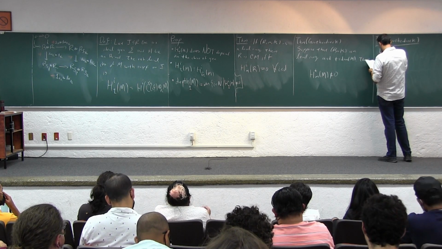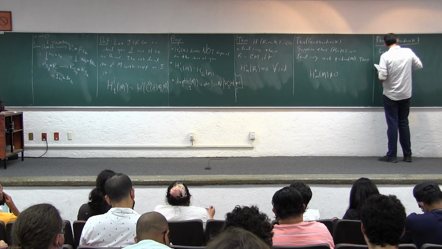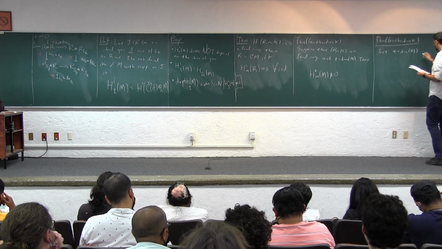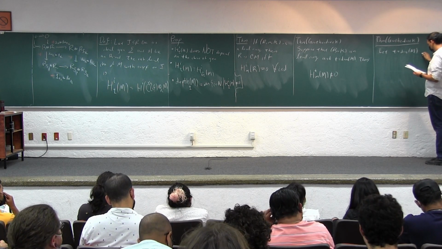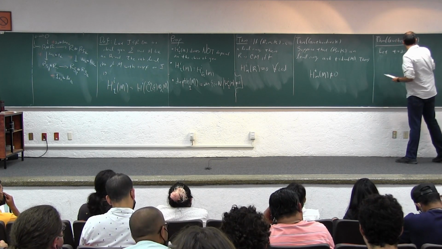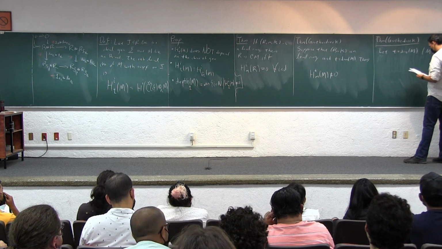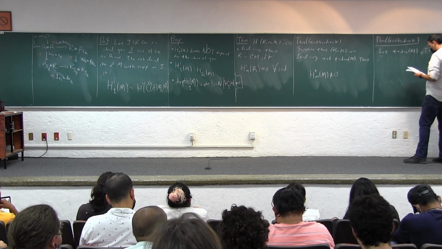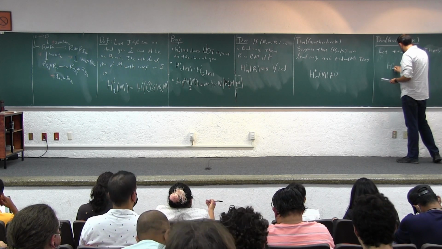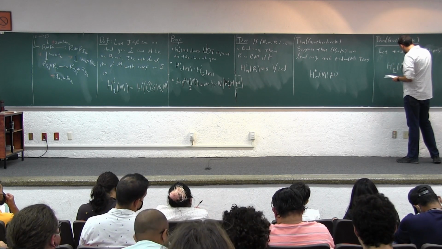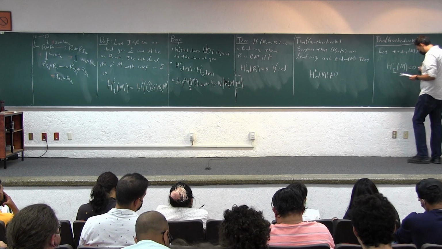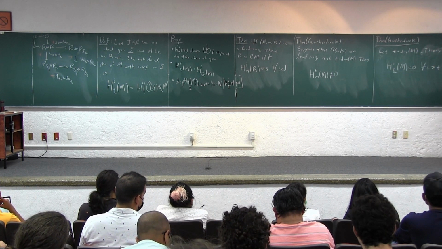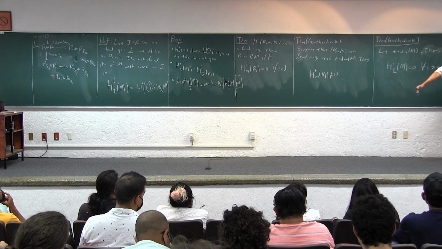So, let t equal the dimension of M. Remember, M is an R-module. Then H^i of M at any ideal, no matter what it is, is equal to 0 for every i bigger than t. So local cohomology vanishes after the dimension.